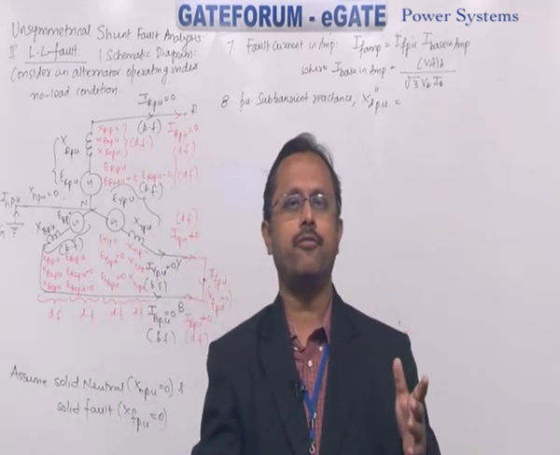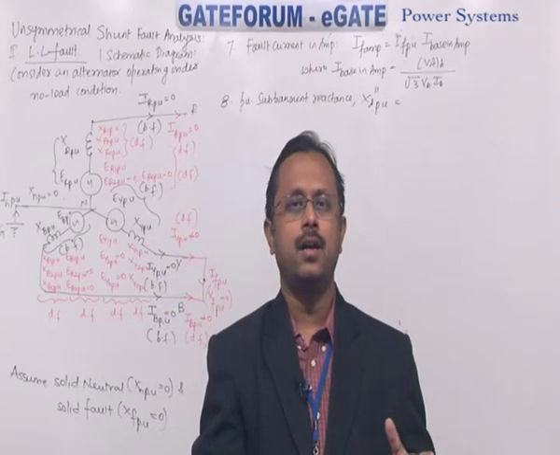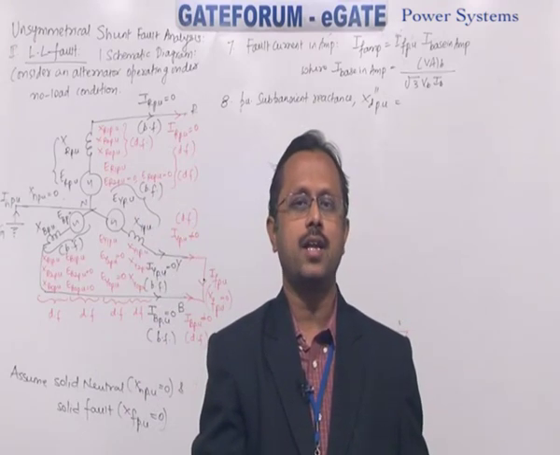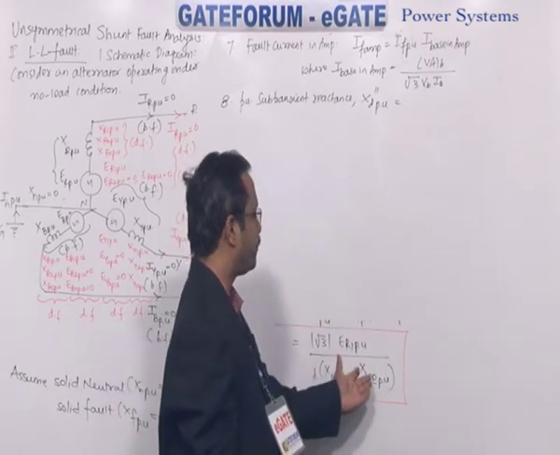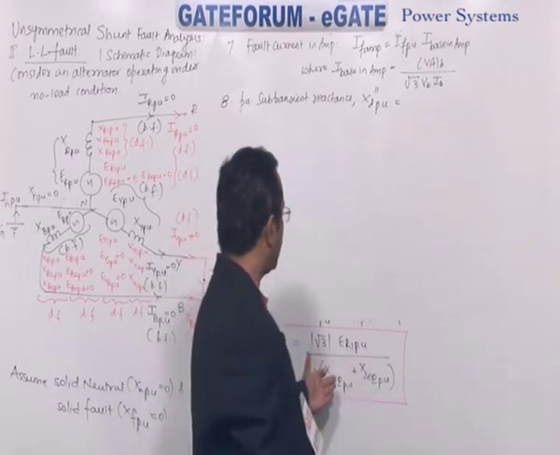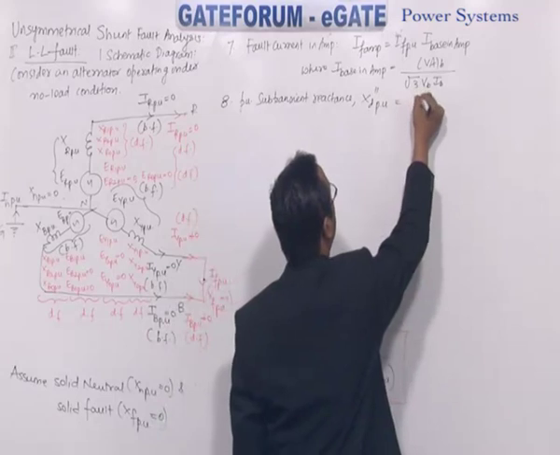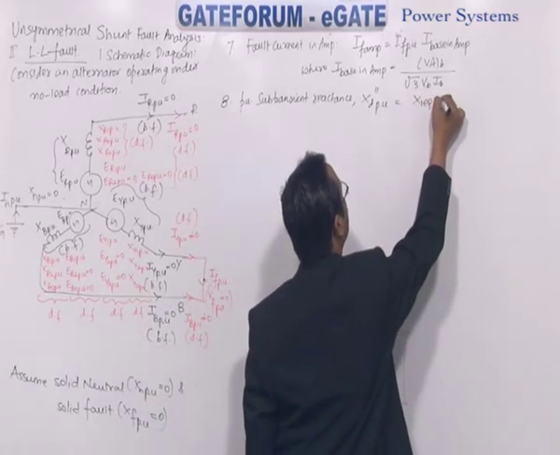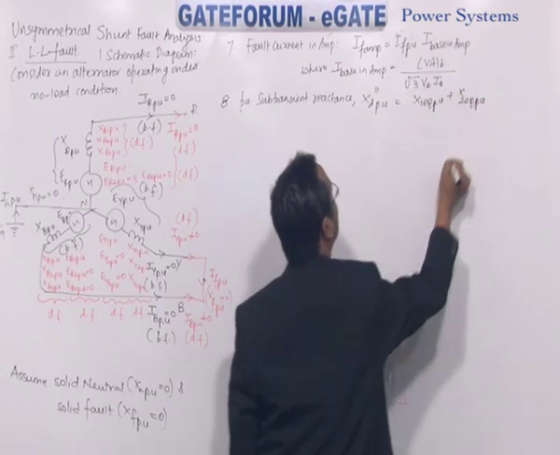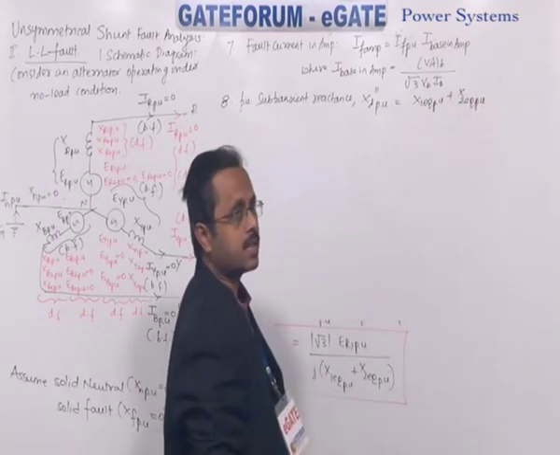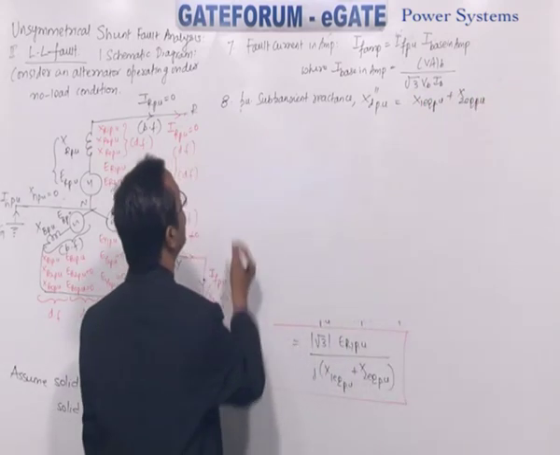The reactance offered by alternator immediately after occurrence of fault. You can check the denominator. What is the total reactance? X1 equivalent plus X2 equivalent. This is the subtransient reactance.